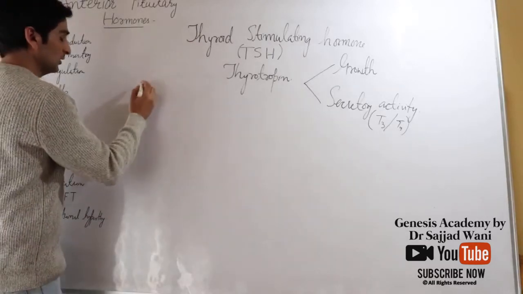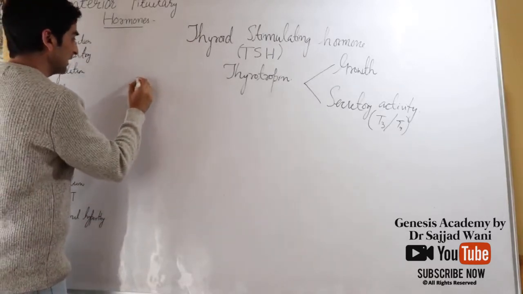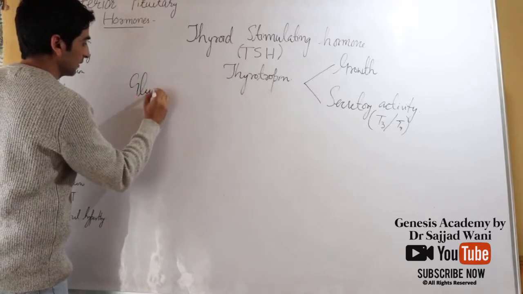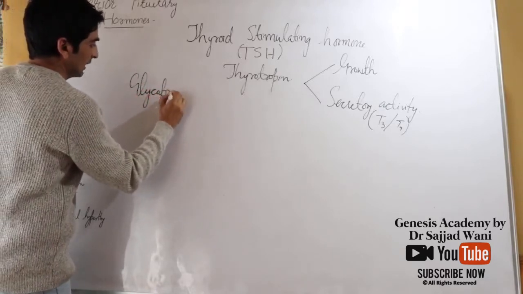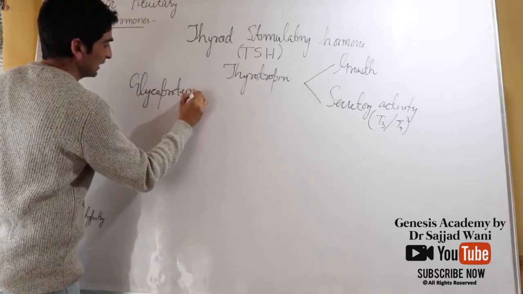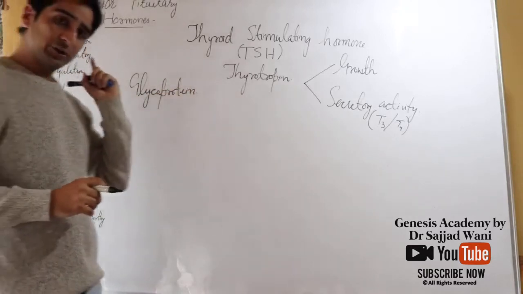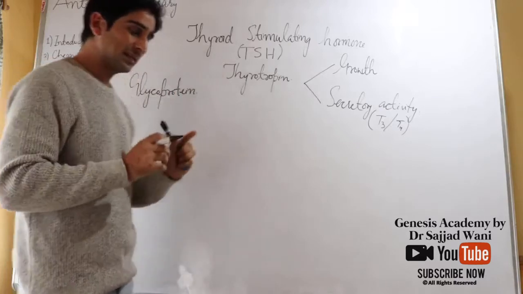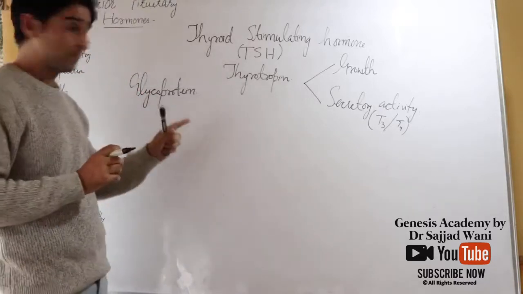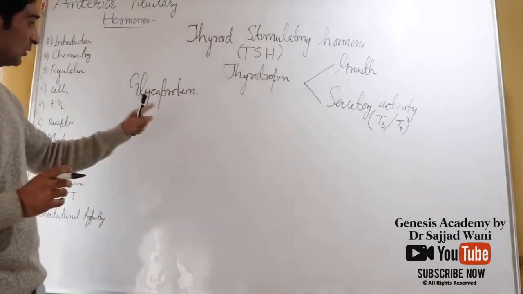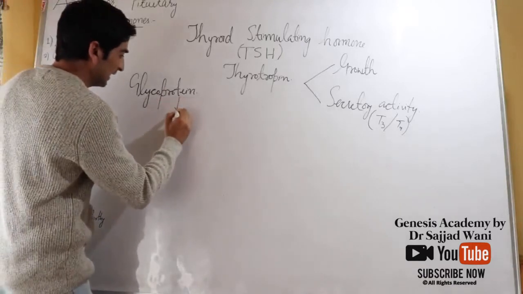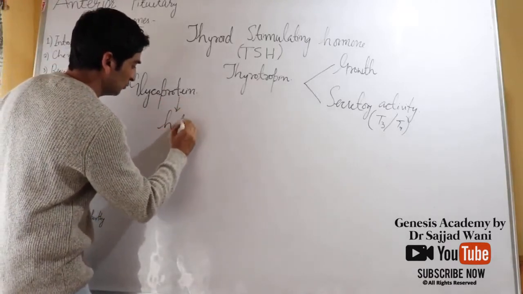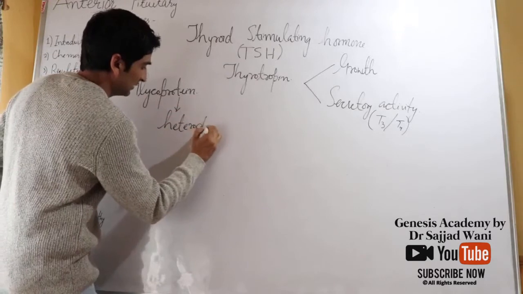So this hormone, you must remember that it is a glycoprotein. The thyroid stimulating hormone is a glycoprotein hormone. I have already told you in the introduction about the classification of hormones that there are some hormones which are glycoprotein. And this hormone is also a glycoprotein, and it exists as a heterodimer.